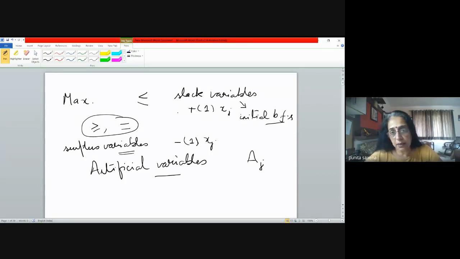When we do duality later on, you will realize that slack and surplus variables play a very important role, because in the final optimal simplex table, the Zj minus Cjs of slack and surplus variables are important. We will be interpreting them also.